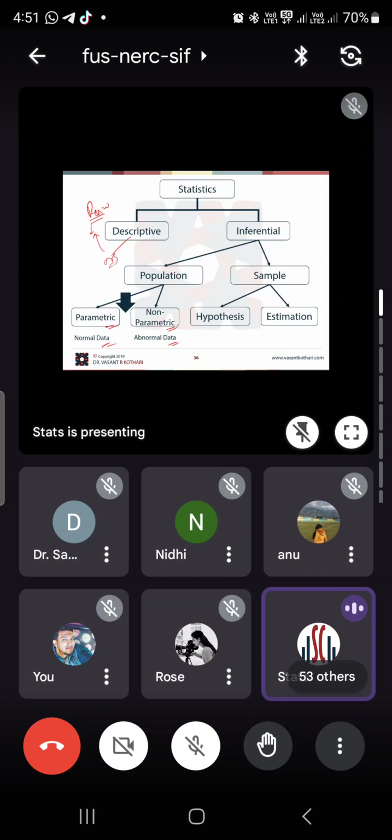Now, if that raw data is normal, then you go for parametric statistic. And if that data is abnormal, then you go for non-parametric statistic. It is as easy as that. If data is normal, go for parametric. If data is abnormal, go for non-parametric statistics.